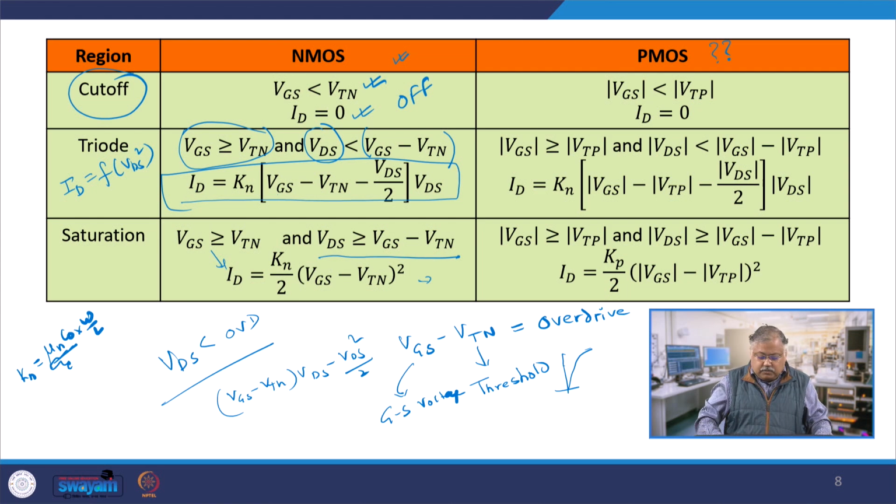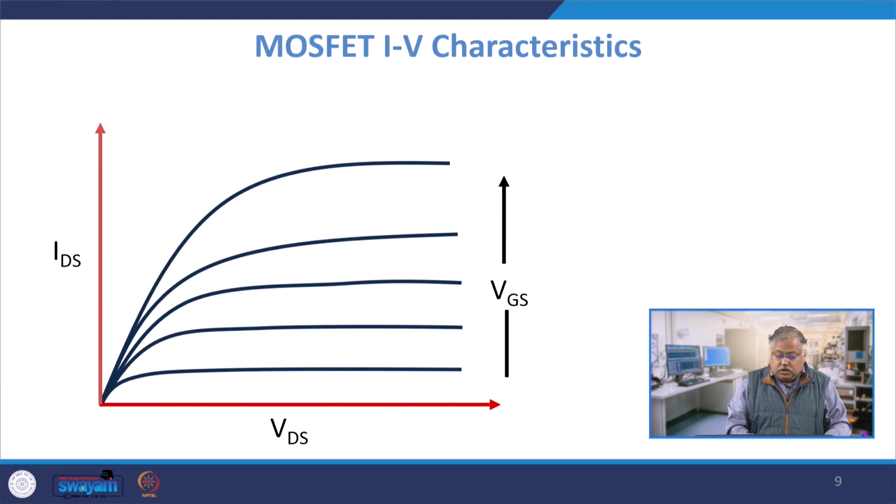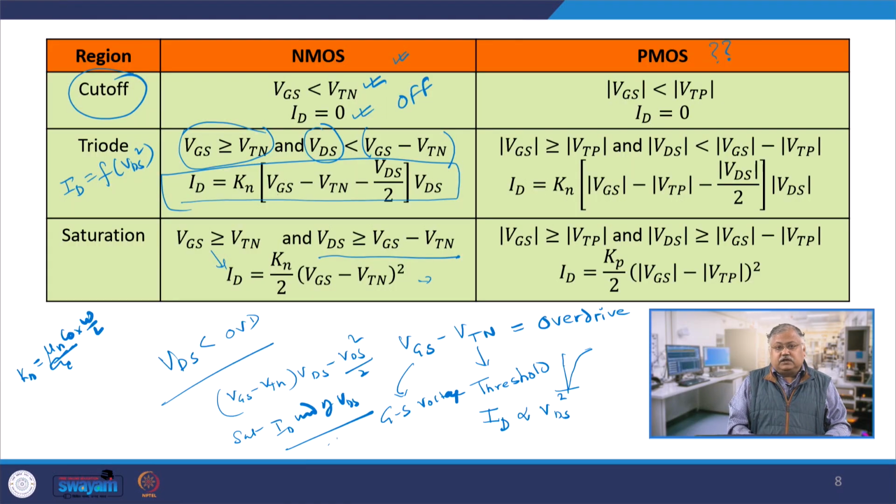So let me come to the part where we discuss the values here. In the triode region, ID is proportional to VDS square. In the saturation region, ID is independent of VDS, and exactly this nature is shown here, and we will discuss from here in the next turn, right.